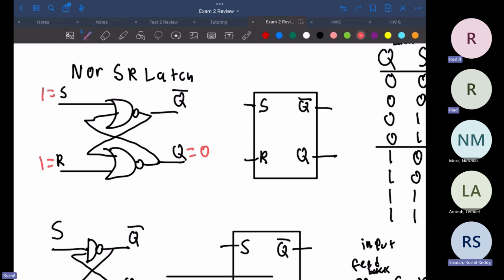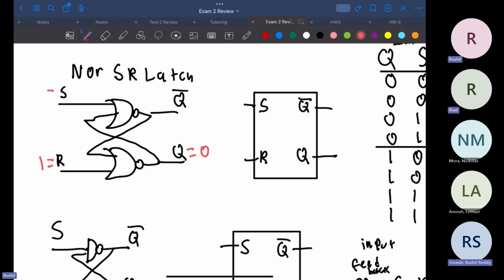So right here we have a 1, a 0, a 1, and a 0. What's the output of that NOR gate? Remember, it's a NOR, so not OR. Yeah, 0. What about this one? It would also be a 0. So what happens? It gets stuck. So you can't do that.